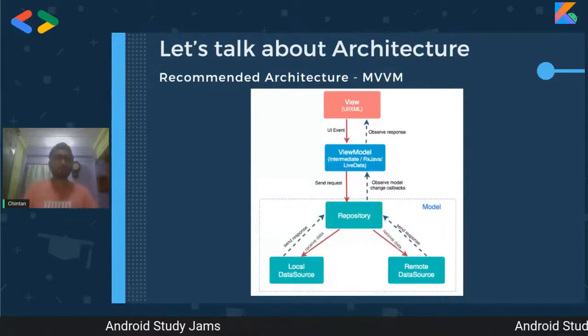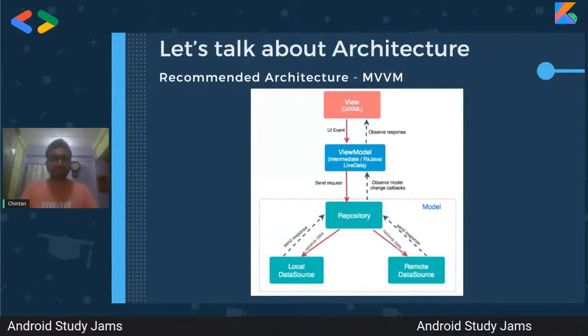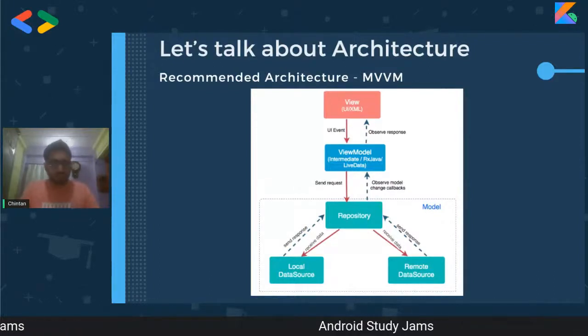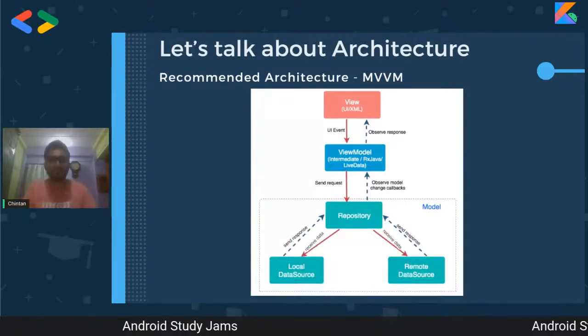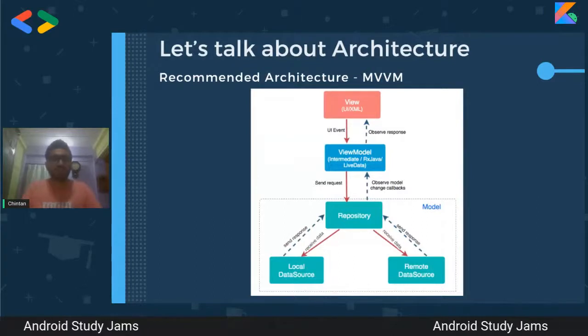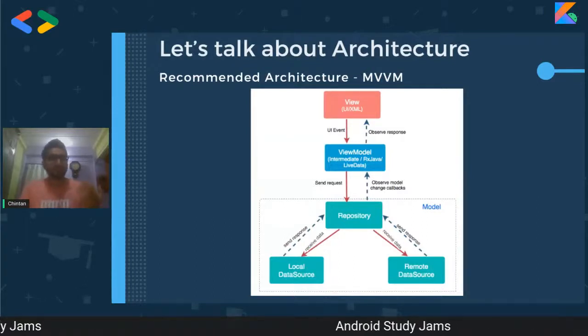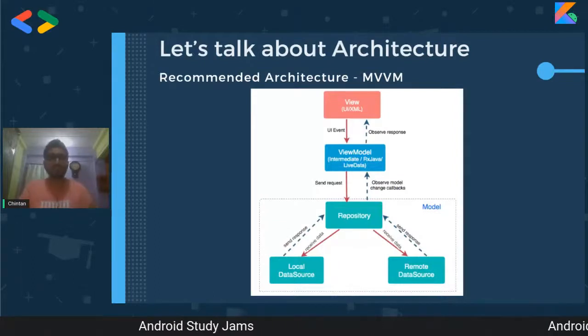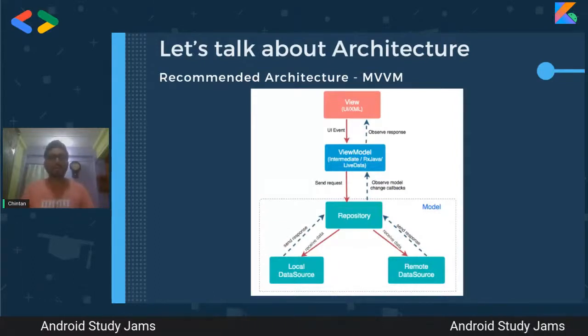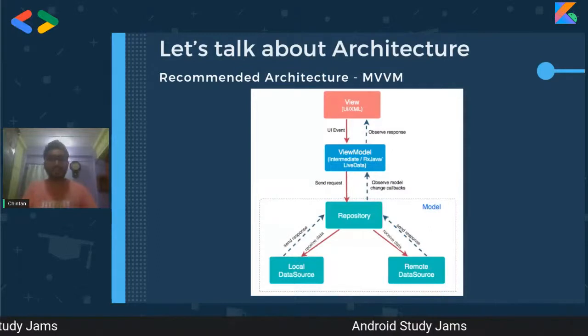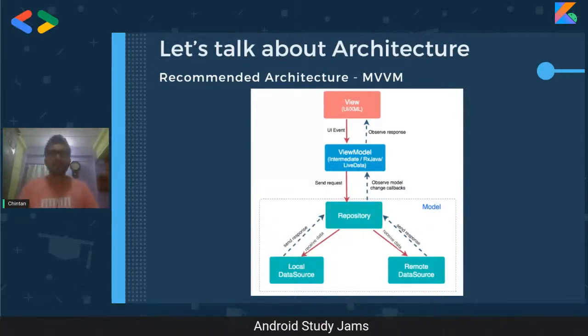What is live data? I won't go that deep, but in short, it is observable data where you observe your list or your data. Whenever something changes in that data, you automatically get the update instead of again and again calling your functions.